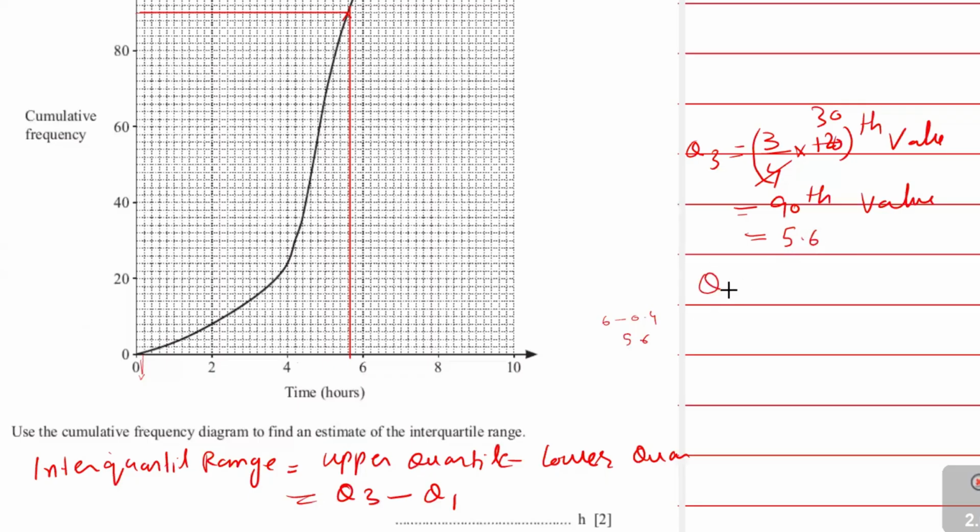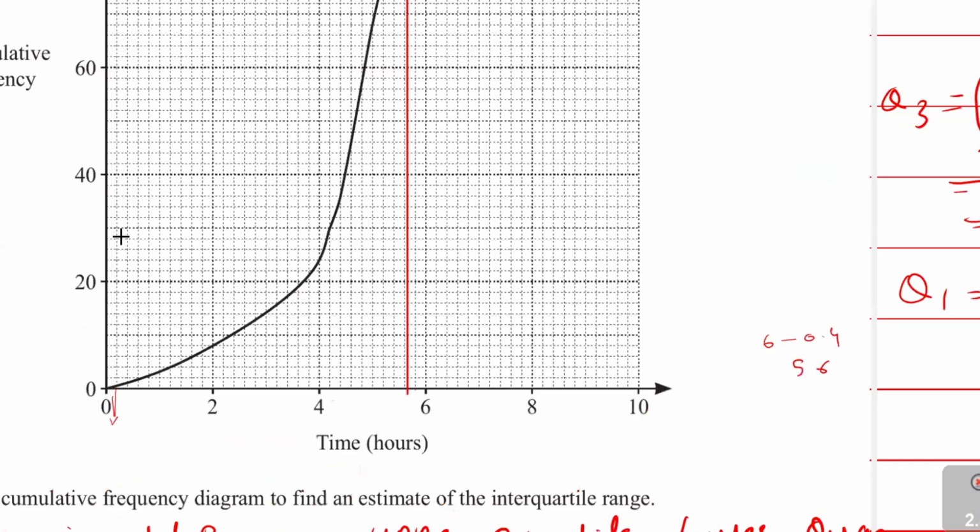Now we calculate the Q1. Look here, the Q1 is 1 over 4 of the total value 120, and this is 30, and the 30th value will be the Q1. The 30th value we can calculate here, this is the position of the 30th adult.